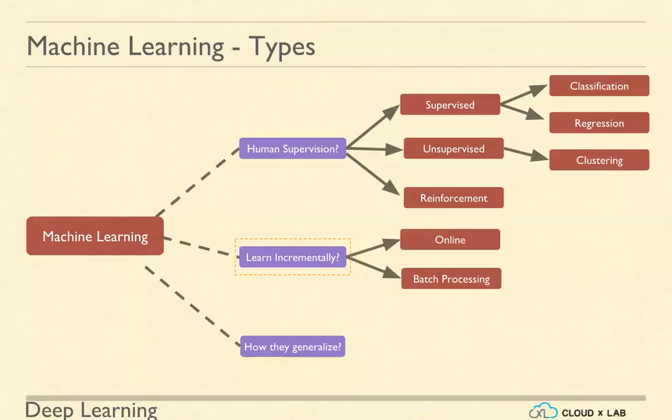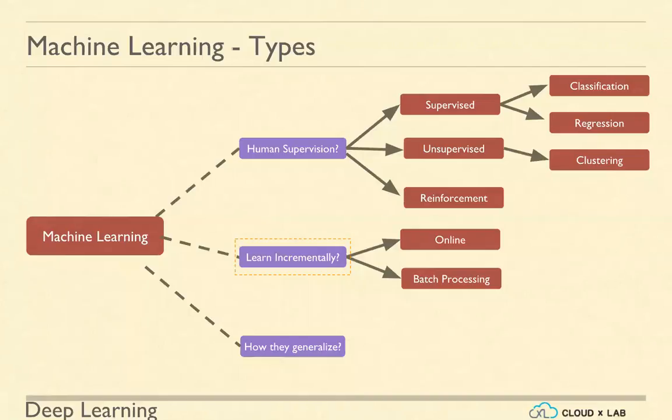The other kind of classification of machine learning is based on whether we learn incrementally or not. If your algorithm needs to keep on learning incrementally, as in when new changes occur, it learns by itself and updates the algorithm, that's called online learning.